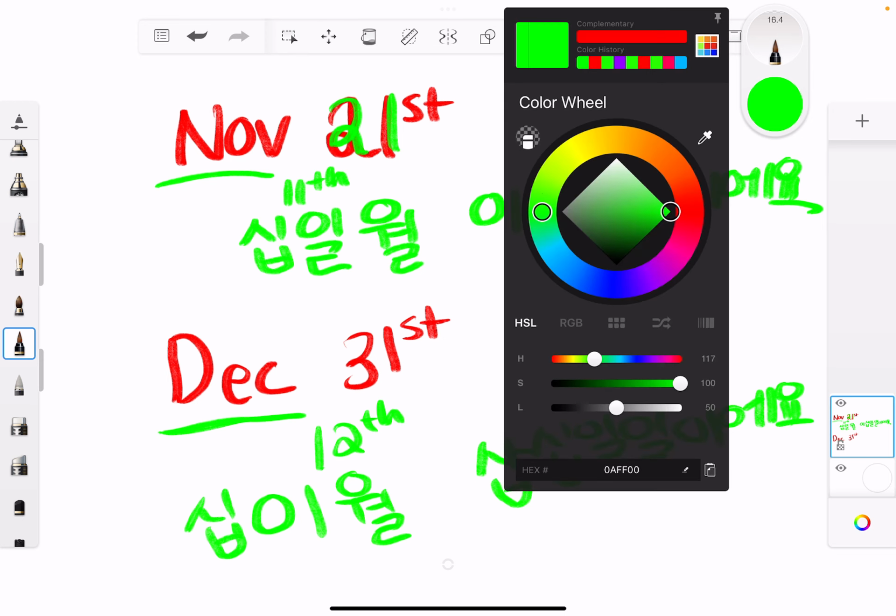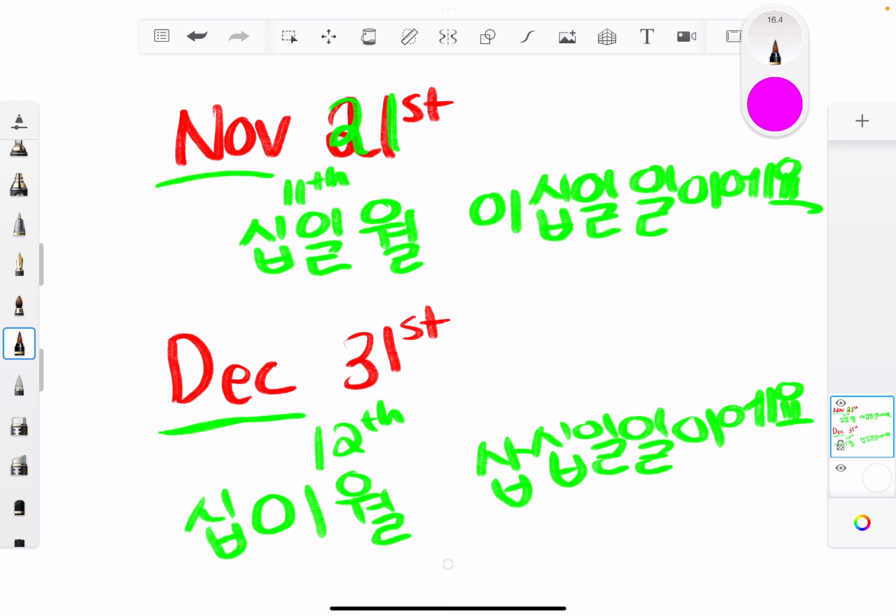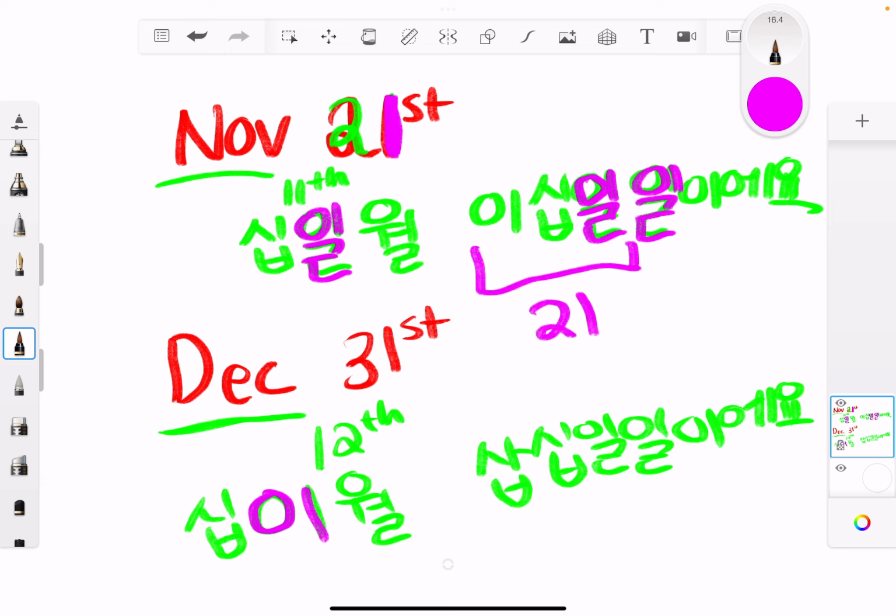Super important: learn to distinguish 일 and 이, and make sure you say il twice if it's the first of anything, because 21 is 이십일 and the other il is the counter for day.